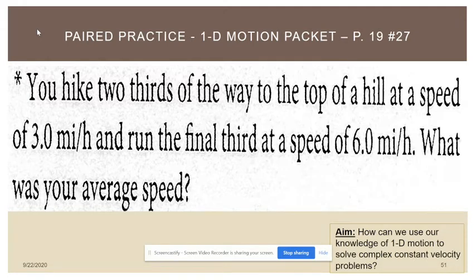What's actually happening in this problem is a little more complicated than doing just a straight up average. And so let's get into it.